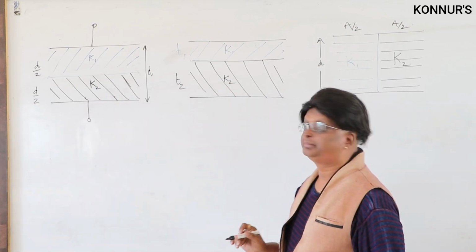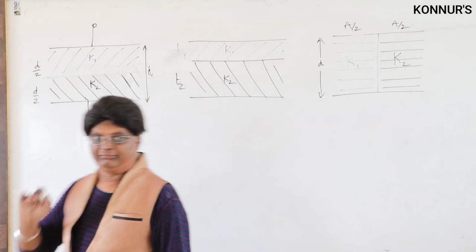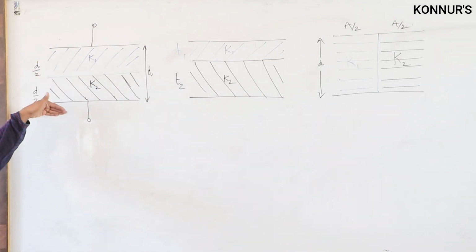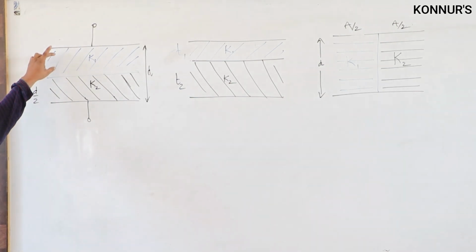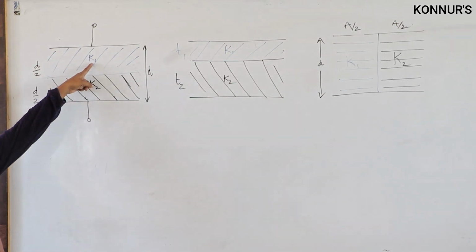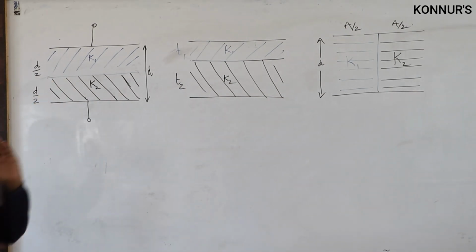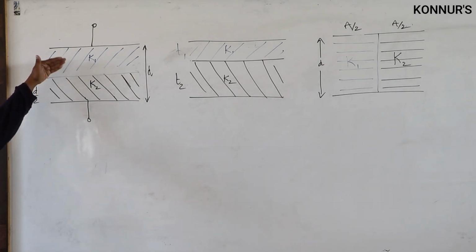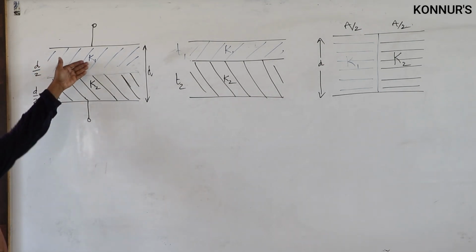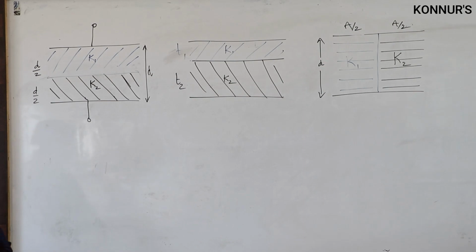Now first example you will see here, where plates arrangement, area A, I'm telling you, half of the space with constant K1 directly, another half with K2. Remember here it is equal thickness d by 2 and d by 2, but constants are defined K1 and K2.